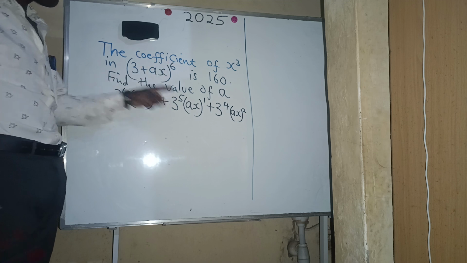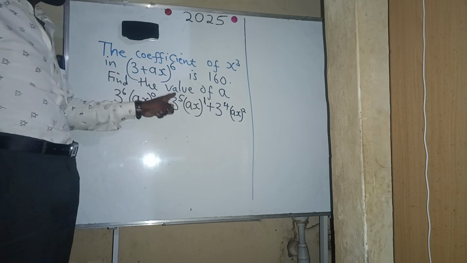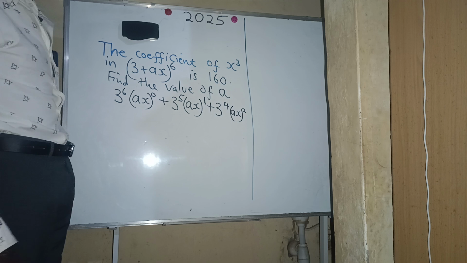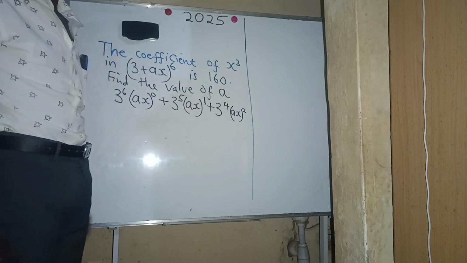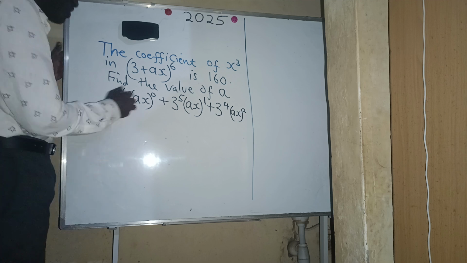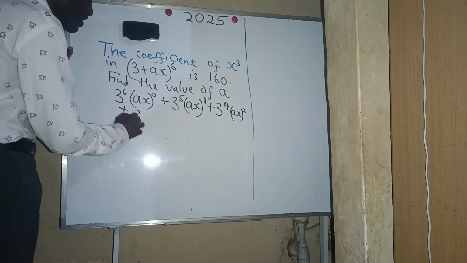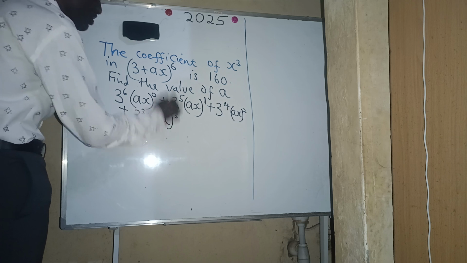On this other end, I'm having 1 and then 5 here. So I need to say 5 as my first power and 1 as my second power, and that gives me 6 as well. I have 4 and 2. That gives me 6 as well. And then I'll say plus, 3 raised to 3, then ax raised to 3.